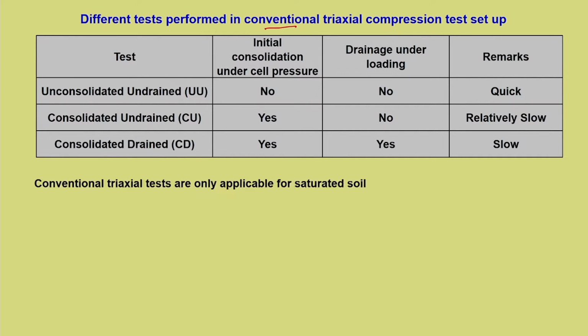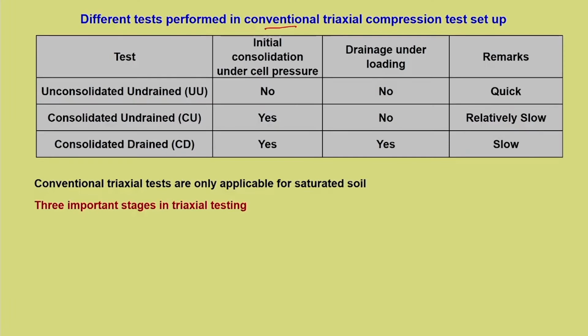So, conventional triaxial tests are only applicable for saturated soil. Now, this aspect one need to understand very carefully. Some undergraduate students, they do not appreciate this fact properly, but we need to understand that conventional triaxial test is only applicable for saturated soil alone.